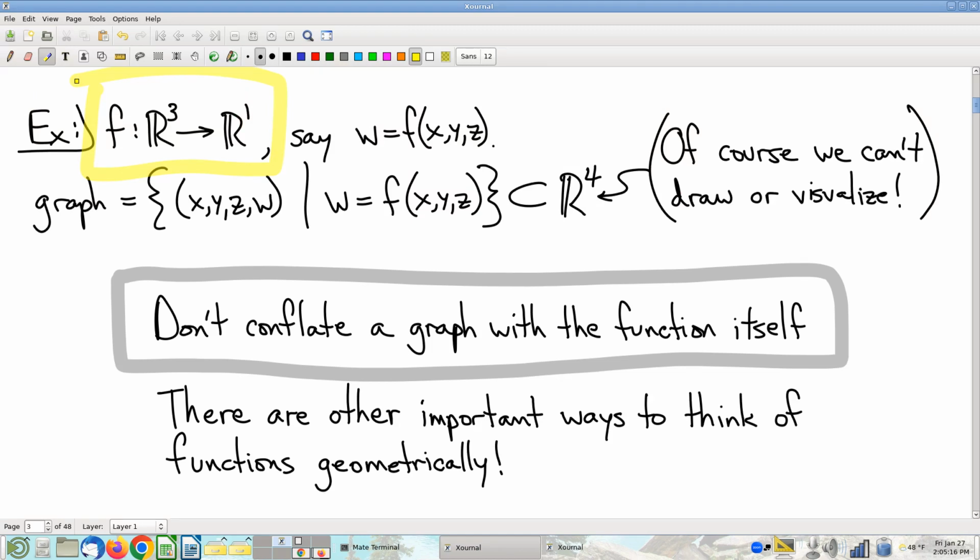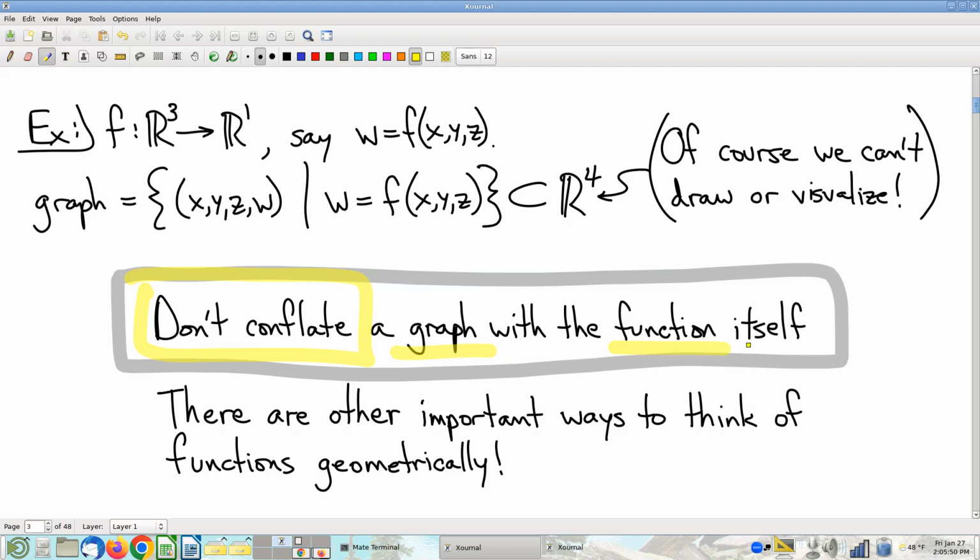We are going to have other ways to draw pictures that will help us understand multivariable functions, fundamentally different kinds of pictures that are not graphs and whose relationship to the original function is very different from that of graphs. Because of that, it's very important: do not conflate a graph with the function that it's representing.